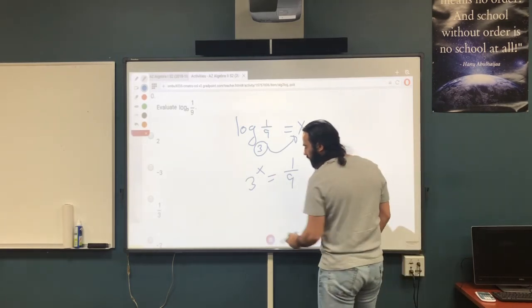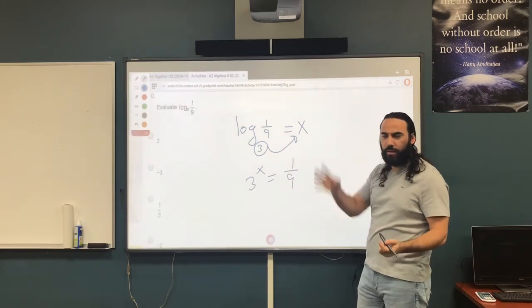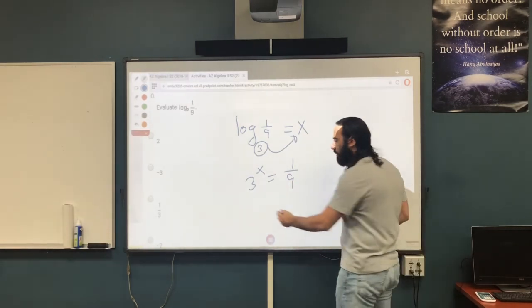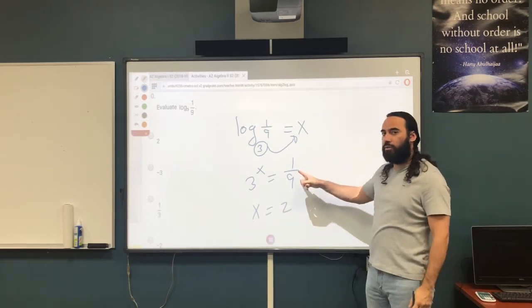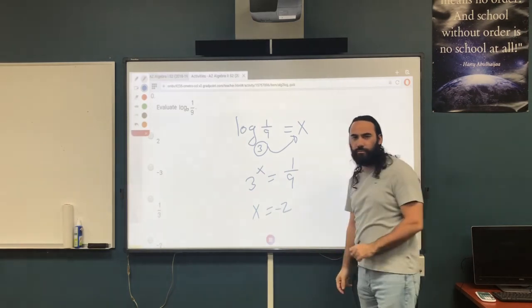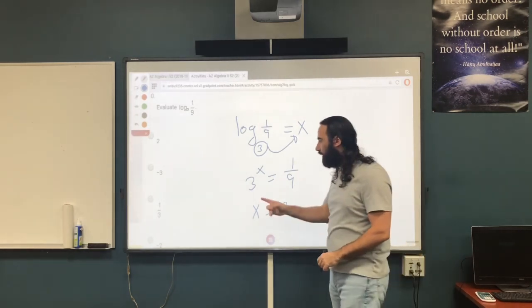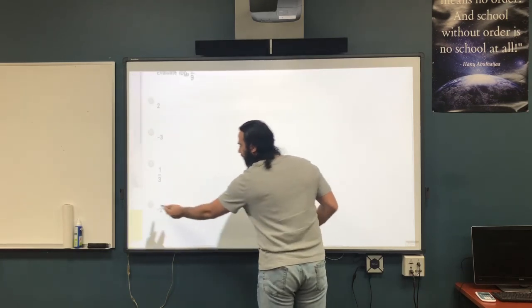Now, ask yourself, 3 to the power of how much equals 9? It's 2, because 3 times 3 is 9. So x would equal 2. But because it's a fraction, 1/9, we add the negative: -2. So the answer would be the fourth choice. That is it.